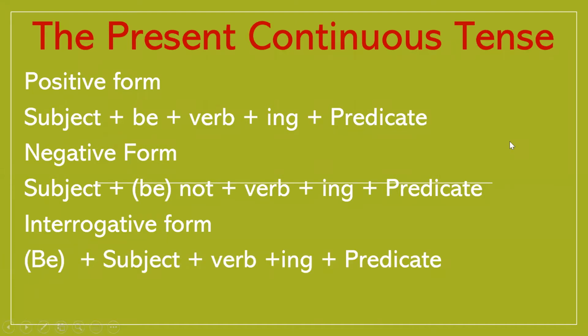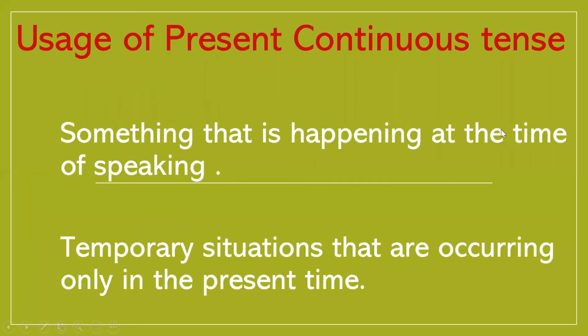Now the interrogative form. Sorry, I gave out the answer. So be will come first plus subject plus verb plus ing plus predicate is the interrogative form. Now usage of present continuous tense. Present continuous tense is used when something is happening at the time of speaking or for temporary situations that are occurring only in the present time.